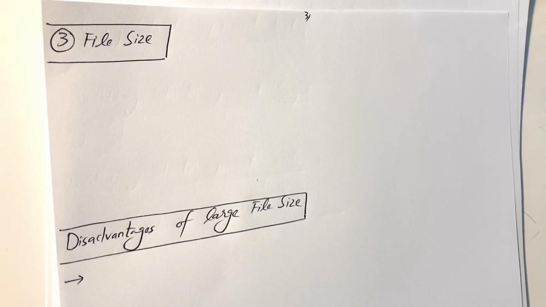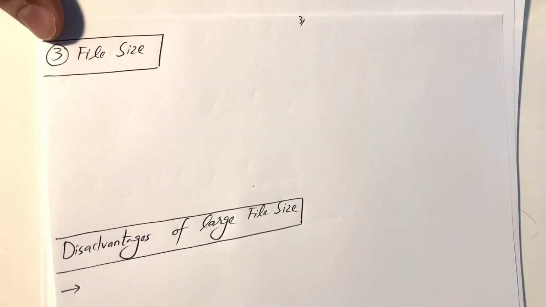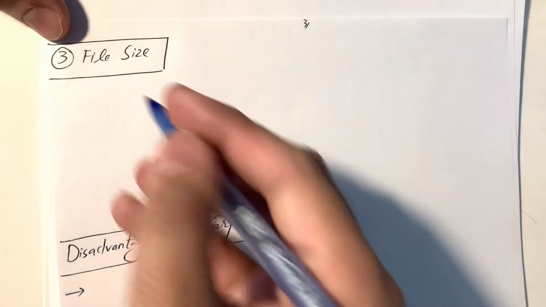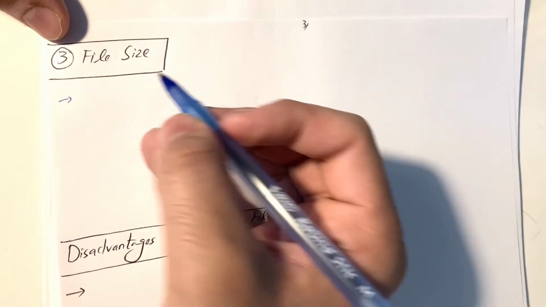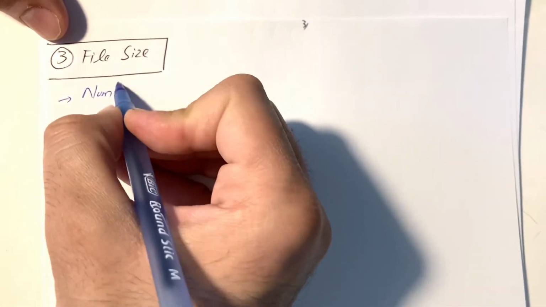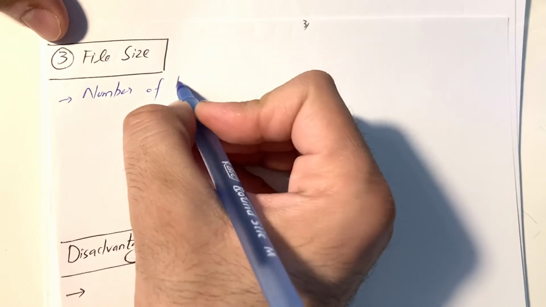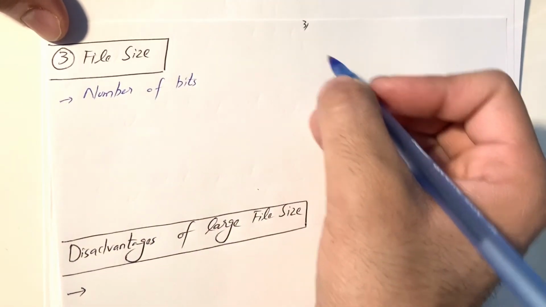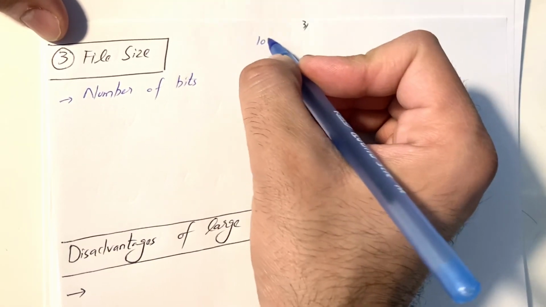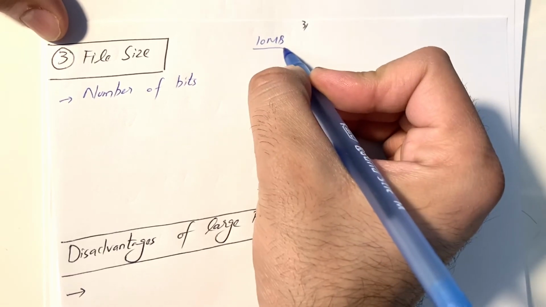Let's move on to our last agenda item for today, the file size. Let's see what file size is, what the role of file size is, and if you have a larger file size, what the disadvantages would be. First of all, you need to understand that file size is nothing but the number of bits. For example, if you capture a picture, the file size could be 10 MB, 10 megabytes.